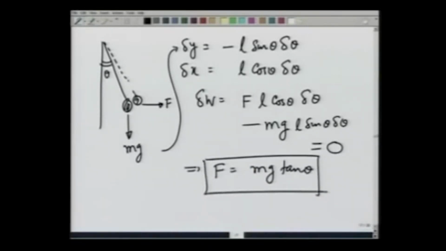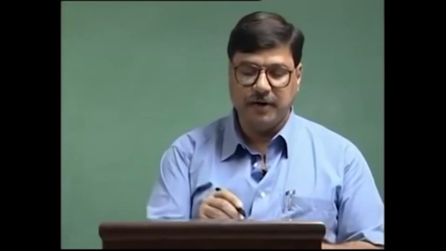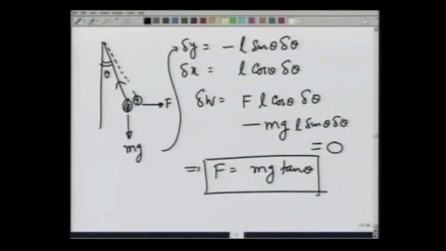You see, I did not have to calculate the tension, whereby I would have written T cosine theta is equal to mg and T sine theta is equal to F, and therefore F equals mg tangent of theta.